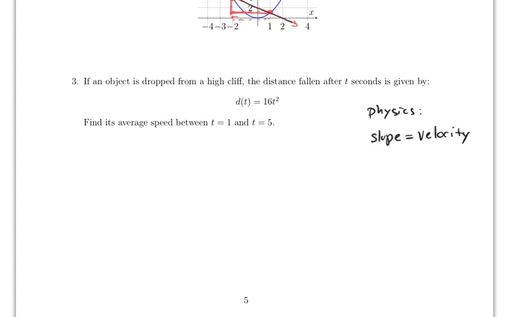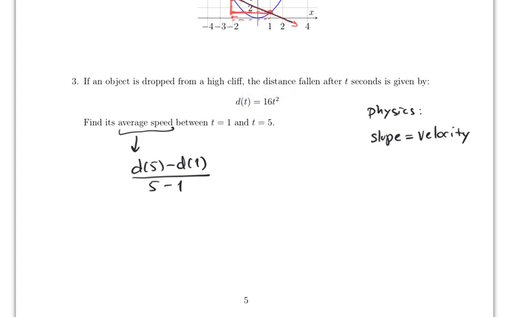And actually the acceleration is the slope of the slope, but we'll get to that later. So here it's asking you to find the average speed, which is asking you just to find the slope. So this is just telling you to find d of 5 minus d of 1, which is the slope, and then this is 5 minus 1, where the formula for d is this right here.